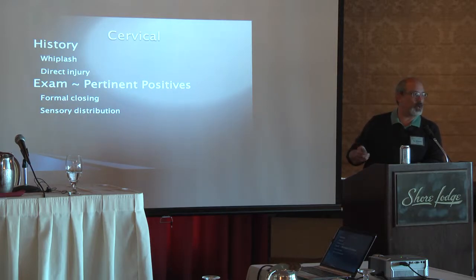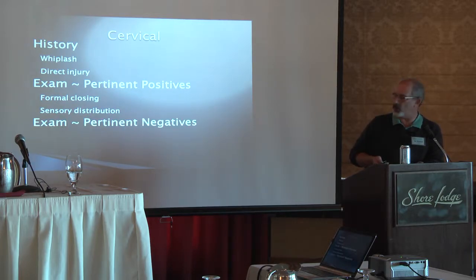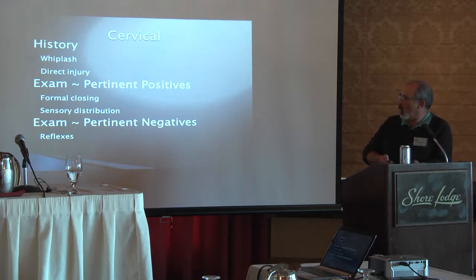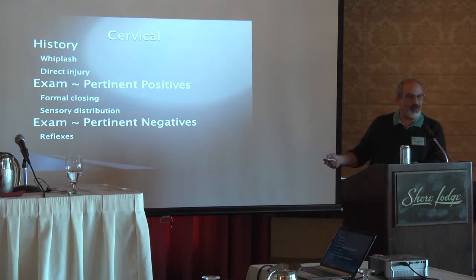You want to make sure it goes down the correct sensory distribution, and you want to make sure that their reflexes that match that distribution have a change. So if somebody has a left C7 root distribution, they should have pain when they tip their head back.